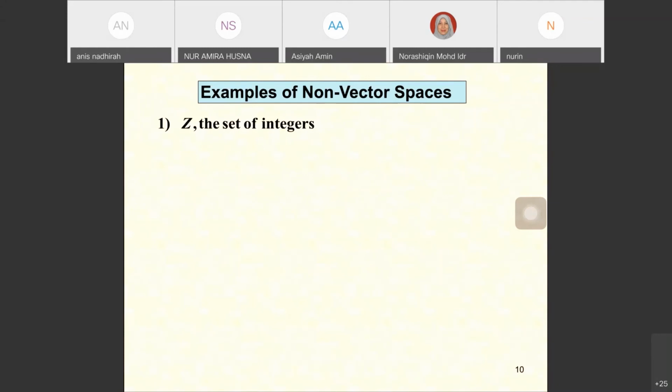Amiruddin. I'm trying to think of an example. Amiruddin, janganlah lama-lama. Kat pukul 10 dah ni. Doesn't hold the scalar multiplication.